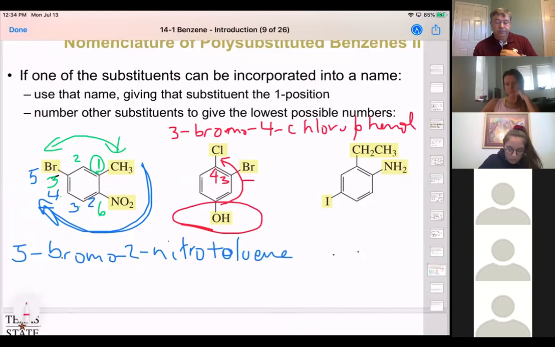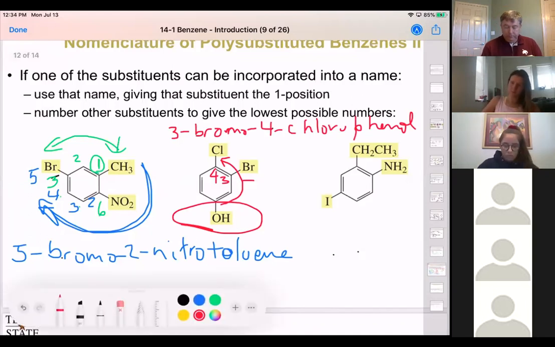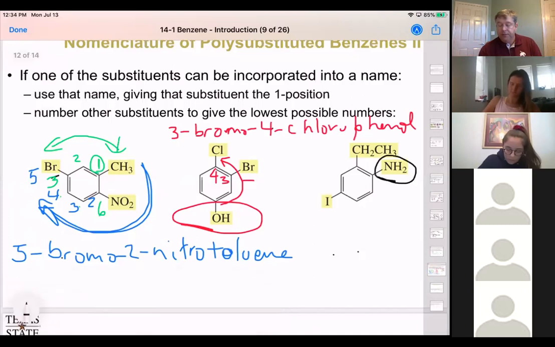In a last example here, we have the same kind of situation. The amine group here is changing the name to aniline, and our lowest number system is going to be in this direction.